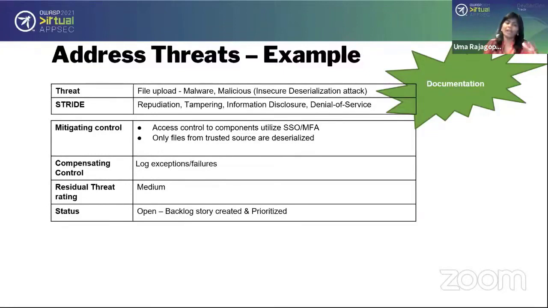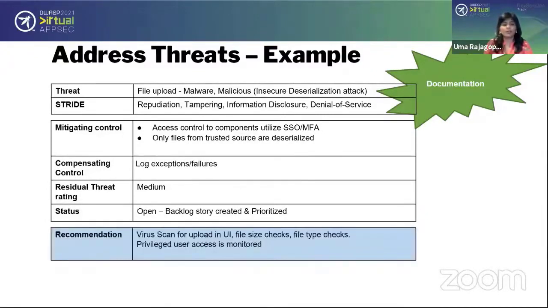So if you have, say, for example, SSO and MFA, and only trusted sources can be deserialized, then your risk level could go back to medium. In that case, you can open up a backlog story and then get it prioritized. But if your threat level is still high or critical, step 4, communicating, is very critical here.